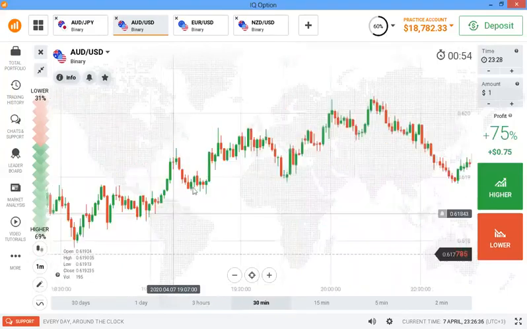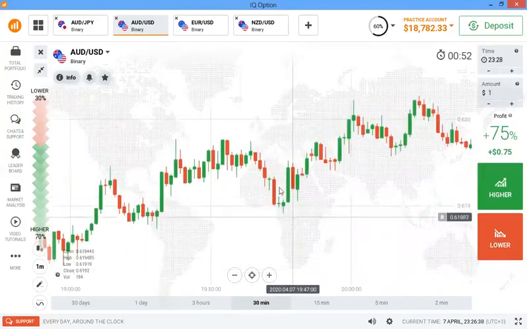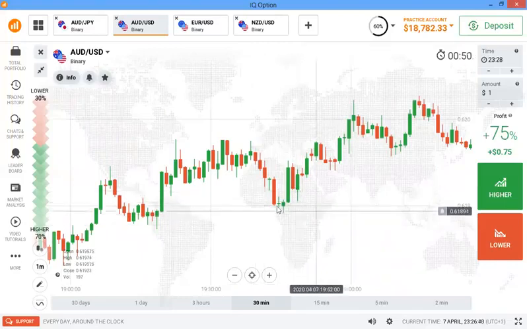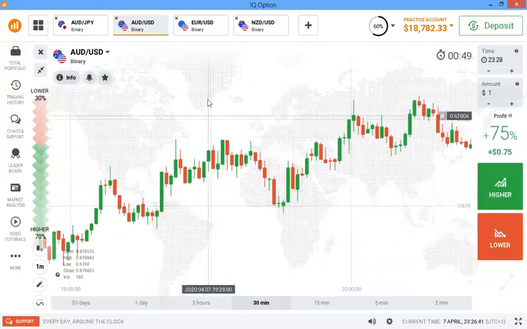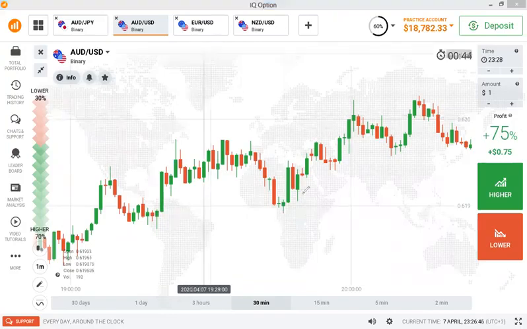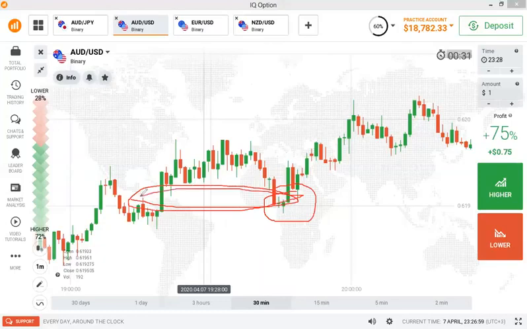How did I view the level? All these rejections you are seeing here, this rejection here, this is a strong level. Check it horizontally, and you will notice that the market keeps getting rejection from this level.